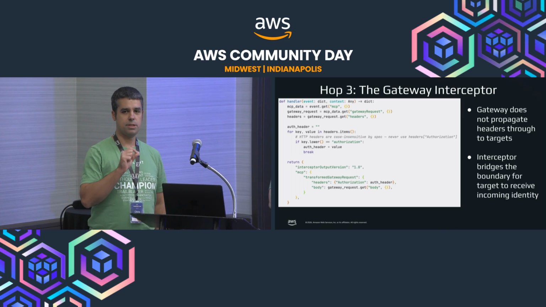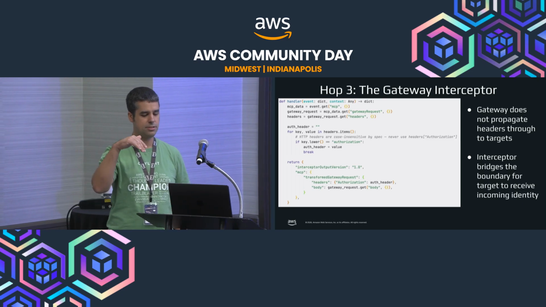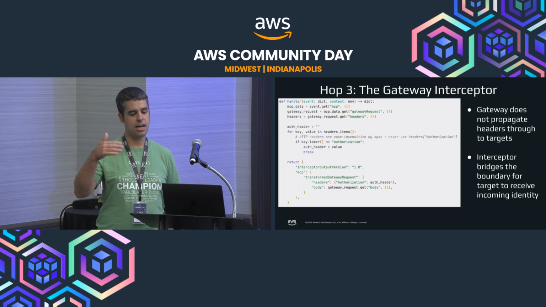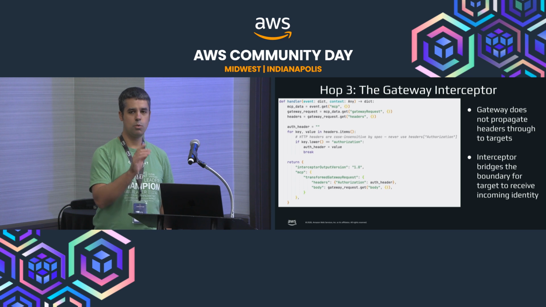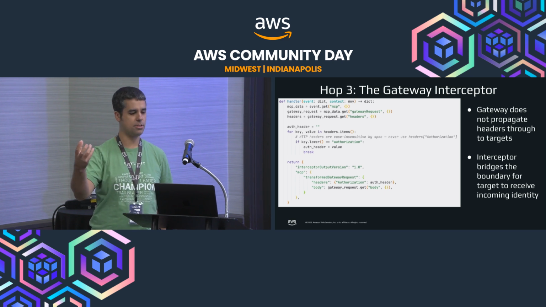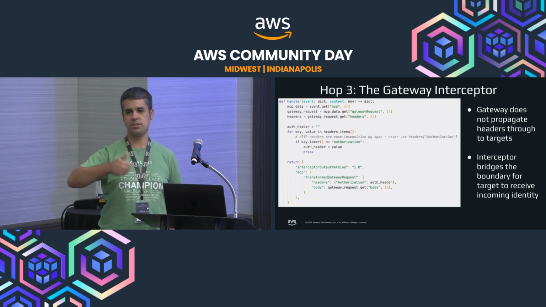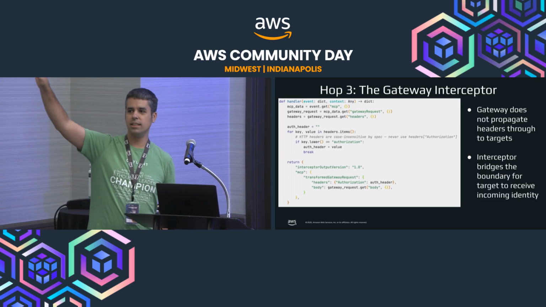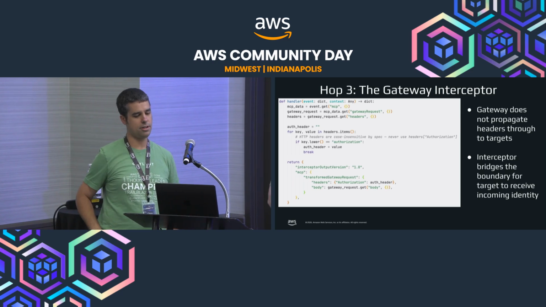The next thing, the gateway interceptor. As we discussed in a previous slide, we have the request interceptors and the response interceptors. The AgentCore Gateway doesn't automatically propagate those headers through. It's just the middleman. When you want to add custom code, that's where your interceptor comes in. In this case, it's just a simple Lambda handler, similar to Cognito custom authorizers. Anything that a Lambda does as a response to an event, it's a similar pattern here.